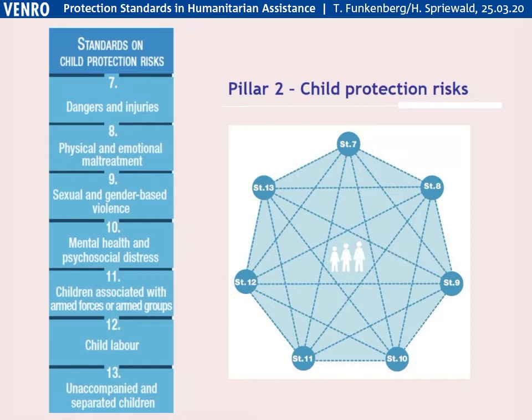In this Pillar 2, a child may experience multiple risks at the same time, and we normally need to implement measures that prevent various risks and respond to any incident. I will get back to it again later.